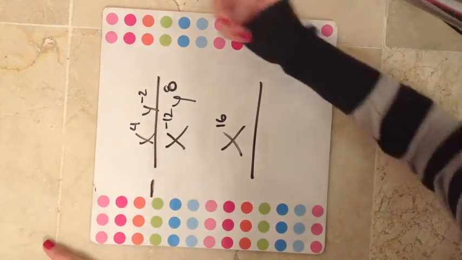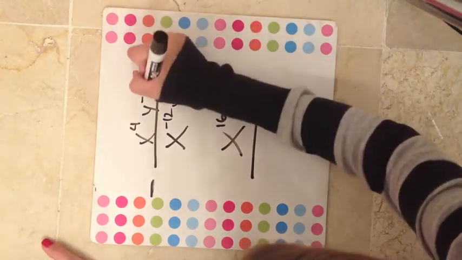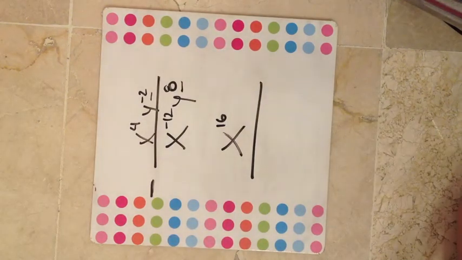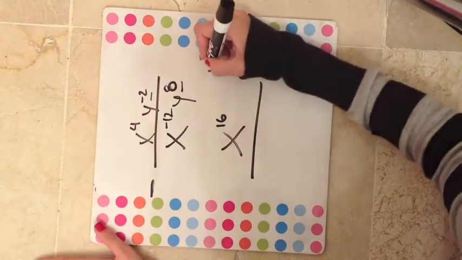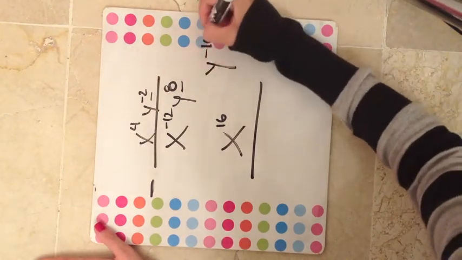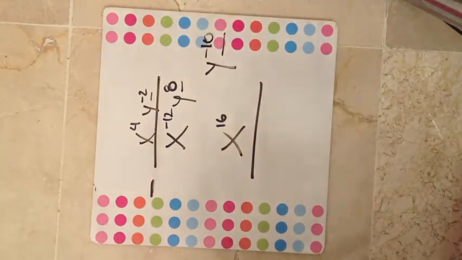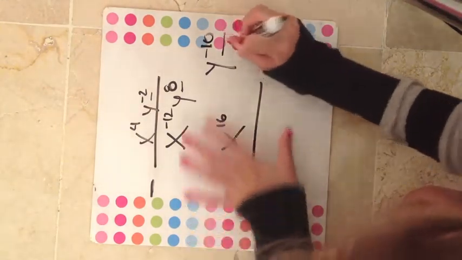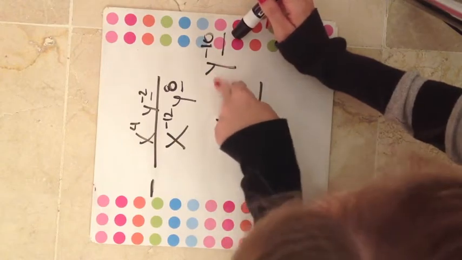Okay, and then you do negative 2 minus 8. And that is y to the negative 10. Now, you cannot have a negative exponent in your final answer.